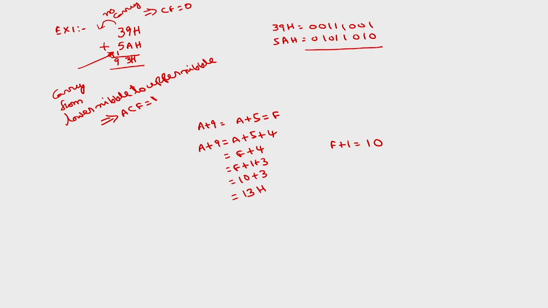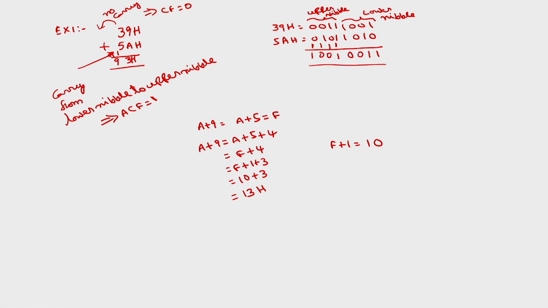If you perform the addition, this is the lower nibble, this is the upper nibble. 1 plus 0 is 1, 0 plus 1 is 1, 0 plus 0 is 0, 1 plus 0, there will be carry. So, 1 0, 1 plus 1 plus 1 is 1 1, 1 plus 1 is 1 0, this is 1, this is the result. So, this is the same as this, 93.